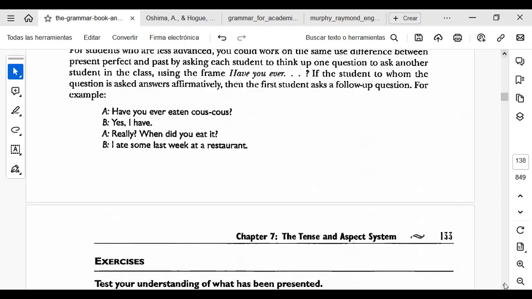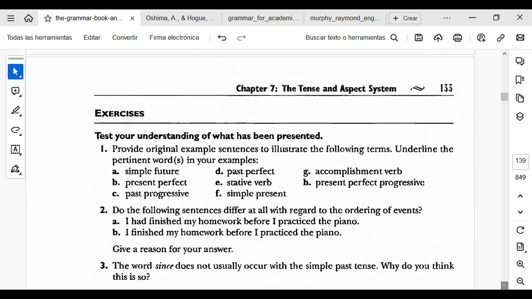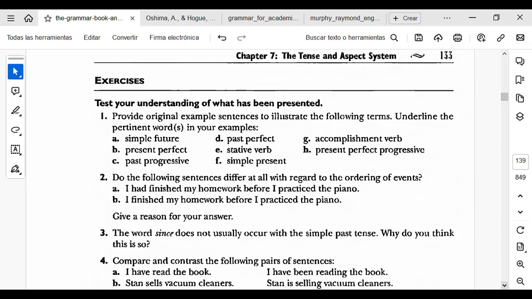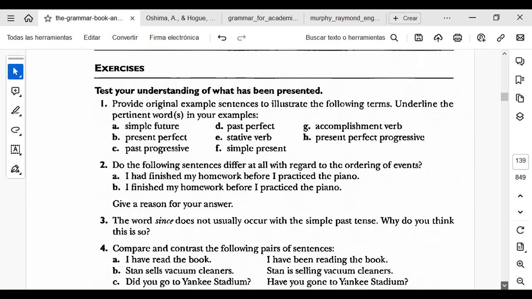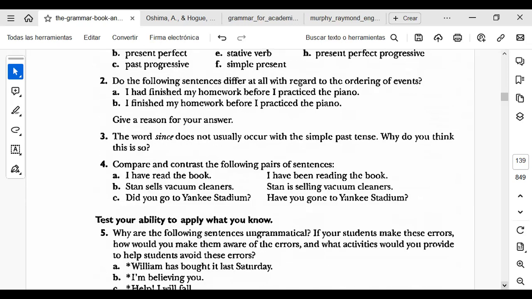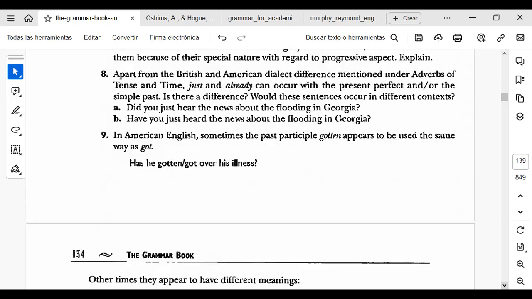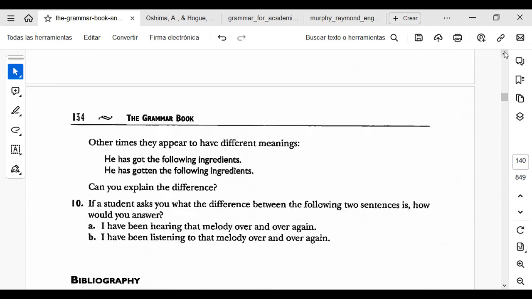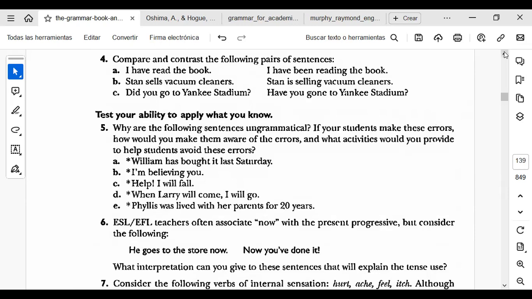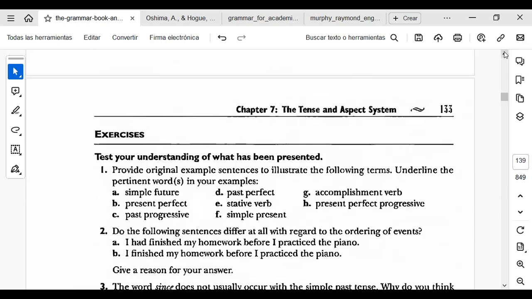Okay, and your homework for today is these exercises. You have to read and you have to apply. You have to choose 5 exercises because we have 10. You can choose 5, and you have to apply what you have read in the book.